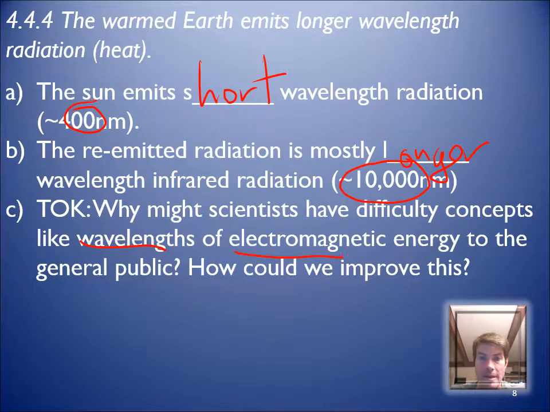Wavelengths, electromagnetic energy. How can I teach you better about what wavelengths mean, what the electromagnetic energy is all about? Because to understand global warming, you need to understand the electromagnetic spectrum.